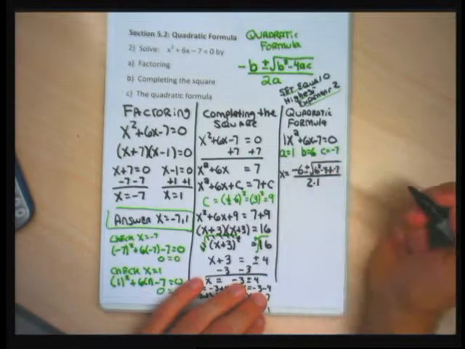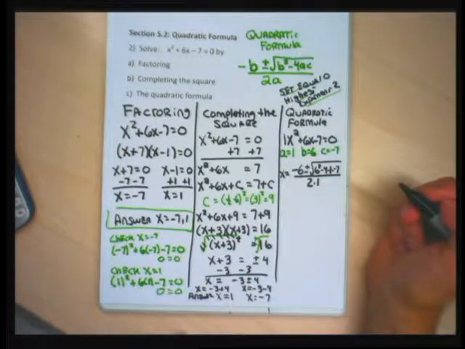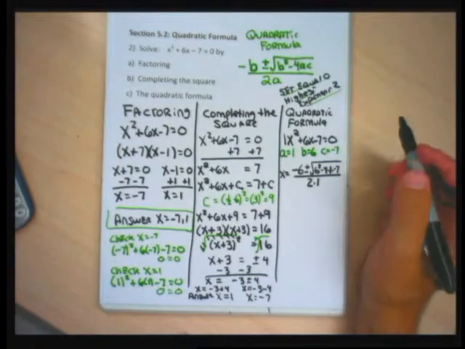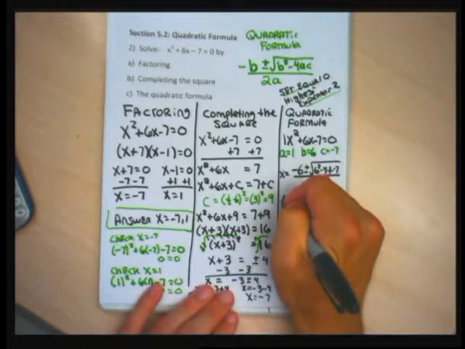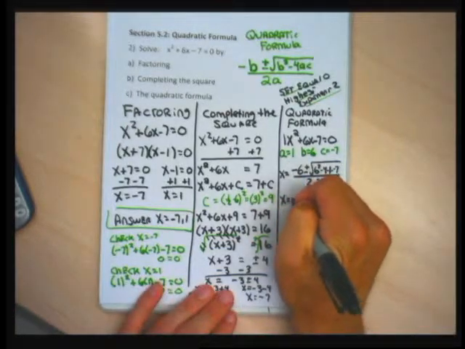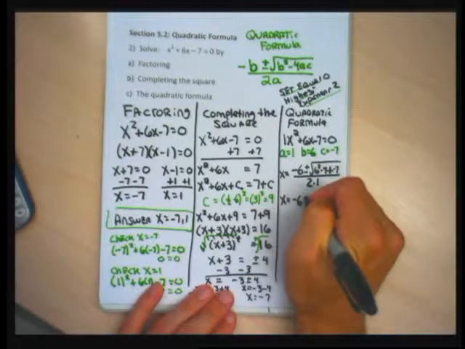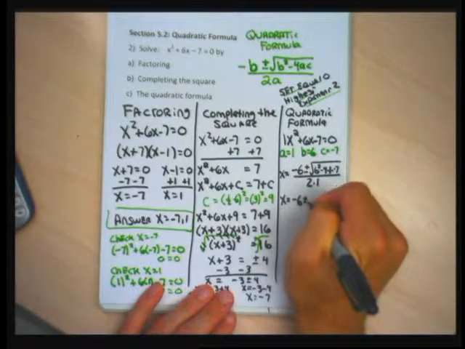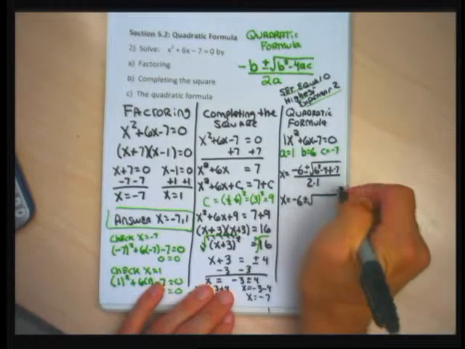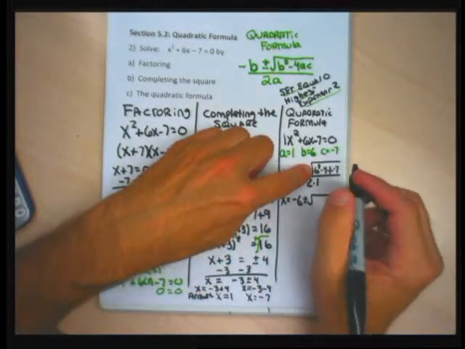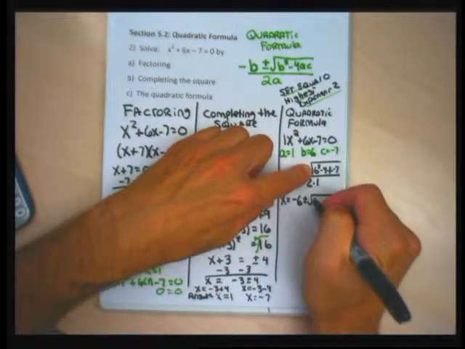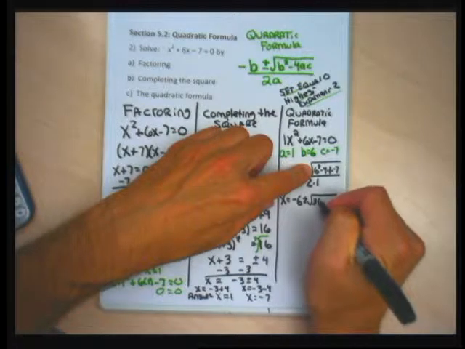I'm going to show you how to reduce this by hand, and then how to reduce it by your calculator. So if I'm working this by hand, which you'll probably not do except for this problem, I'm going to get the square root handled first. And under the square root, the first thing I see is 6 squared. 6 squared is 36.